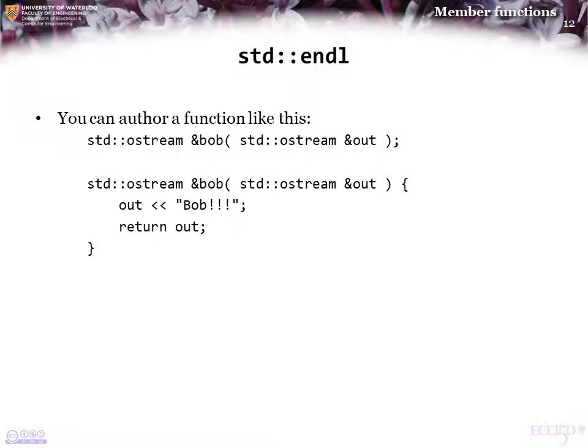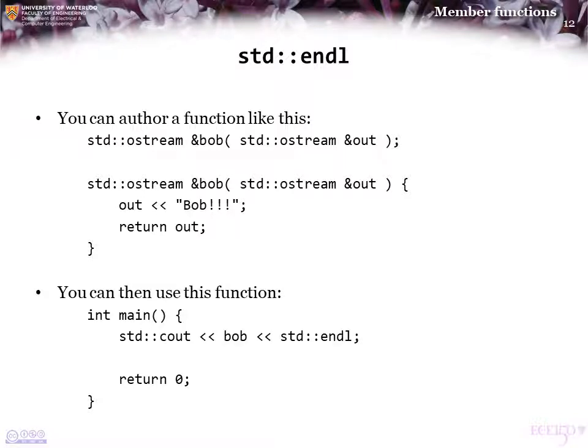So you could actually author a different function just like this. Here we have the function bob, which takes an ostream object by reference as an argument and returns that ostream object. So what this does is it sends to out the string bob with 3 exclamation marks. It then returns that object.